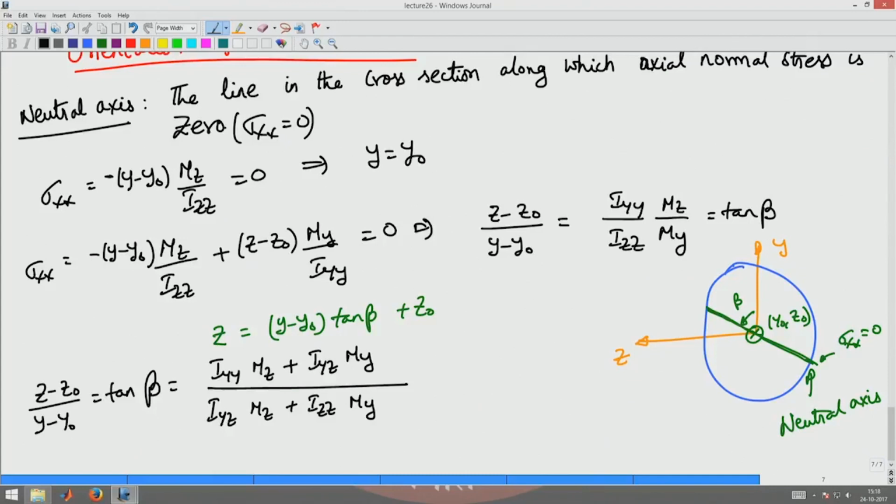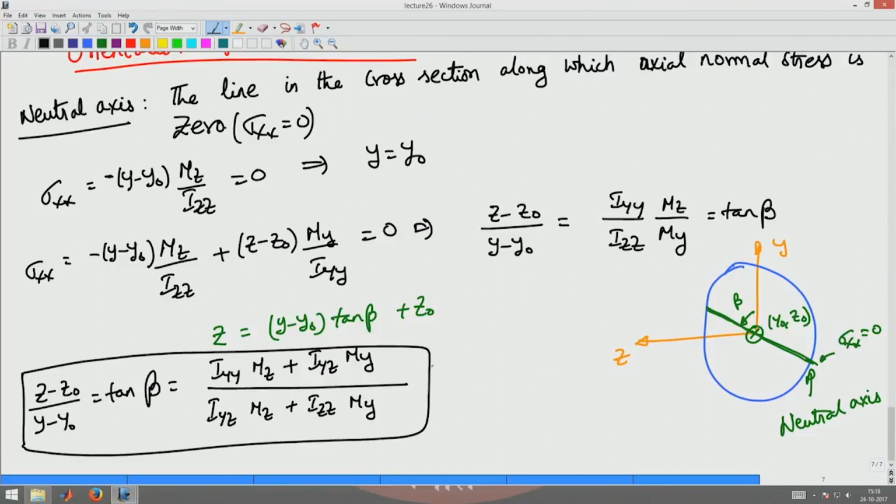So, this is the general orientation of the neutral axis.